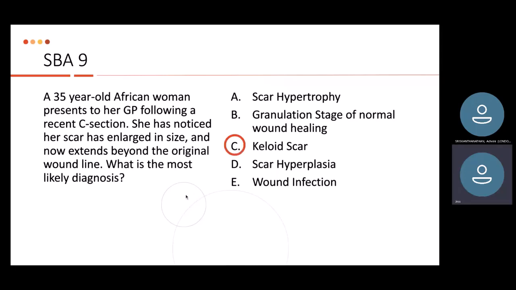So the answer here is a keloid scar. The key point is that it's enlarged and it extends beyond the original wound line. So if it was just hypertrophied, it would still be within the original wound line.